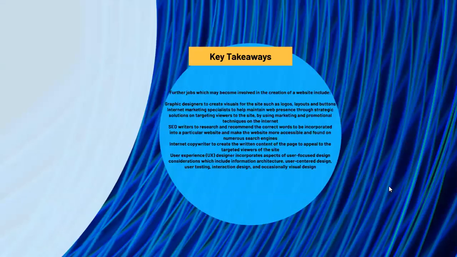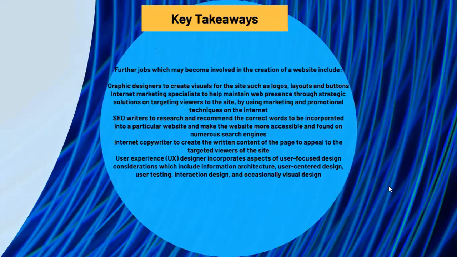The key takeaway of today's session is about what kinds of careers are available. If you want to take up jobs here, there are two types of jobs available: web designer and web developer. Their degrees and qualifications can match, but the work they do can differ in some ways. Graphic designers need to create visuals such as logos, layouts, and buttons.